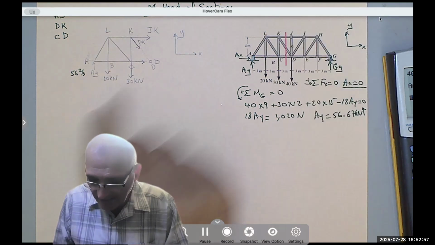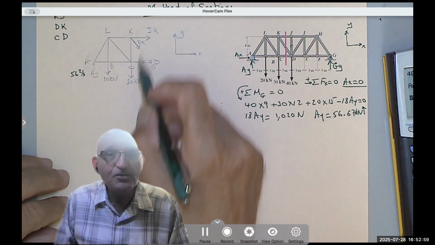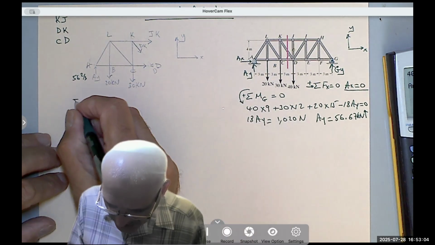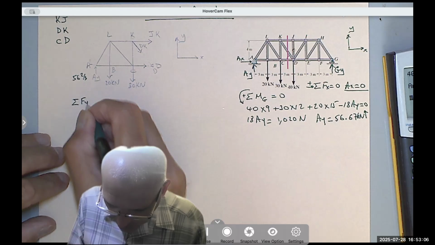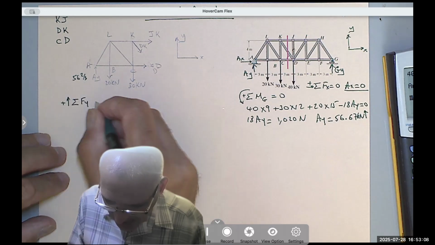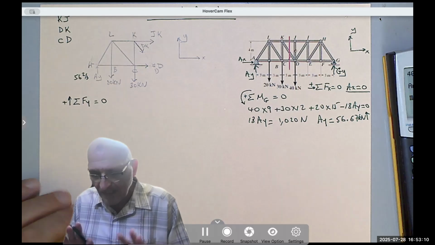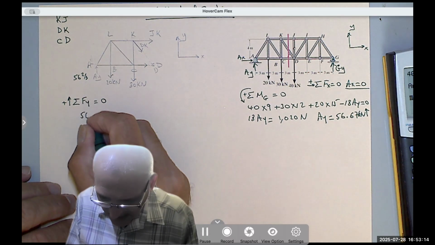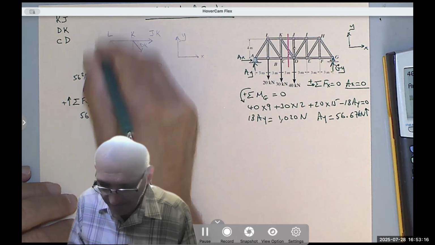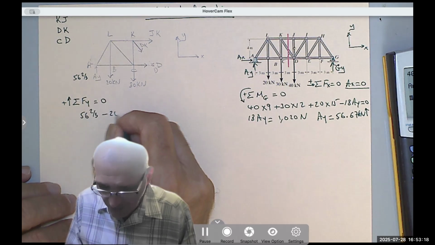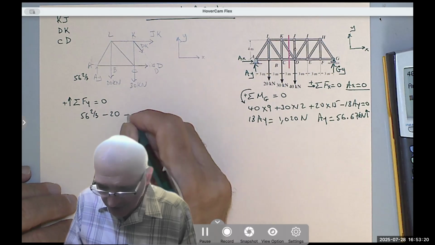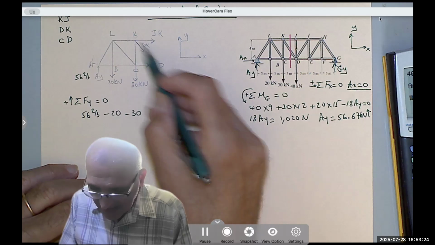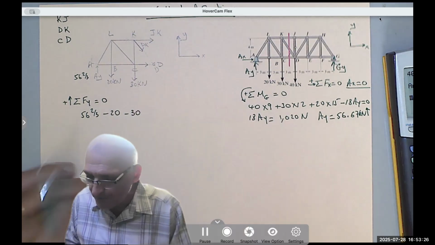Here, I have two forces parallel to the X. So definitely, without thinking, I'm going to say summation of the forces in the Y direction equals 0. Let's look at the forces in the Y. I have 56 and 2/3 going up, minus 20 going down, minus 30 going down, minus the vertical component of DK.